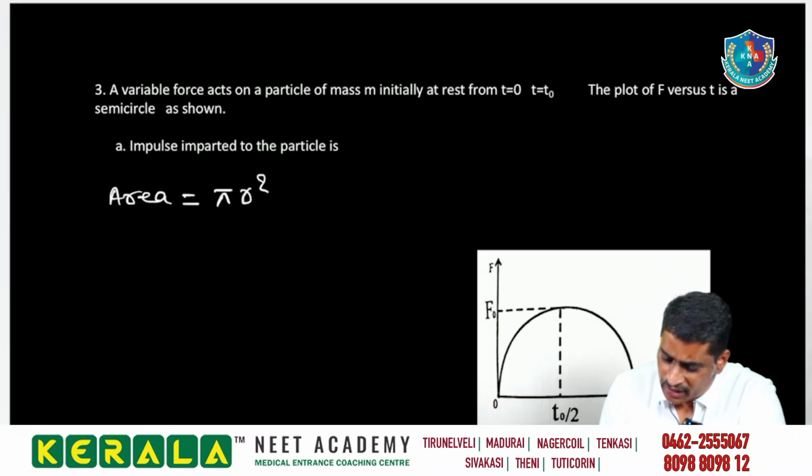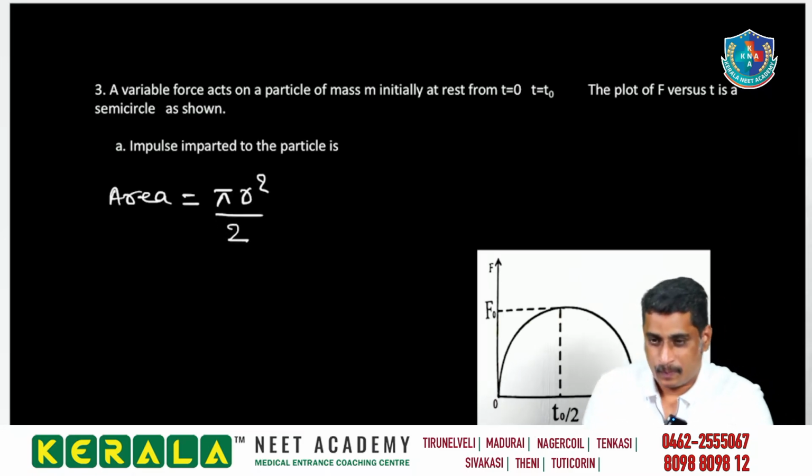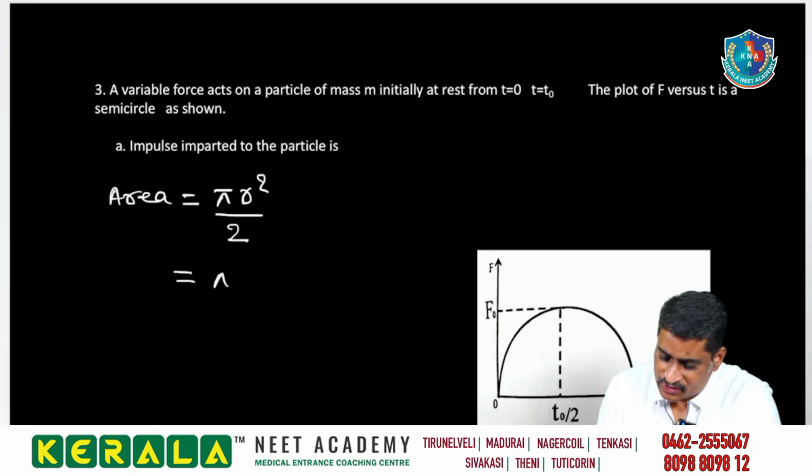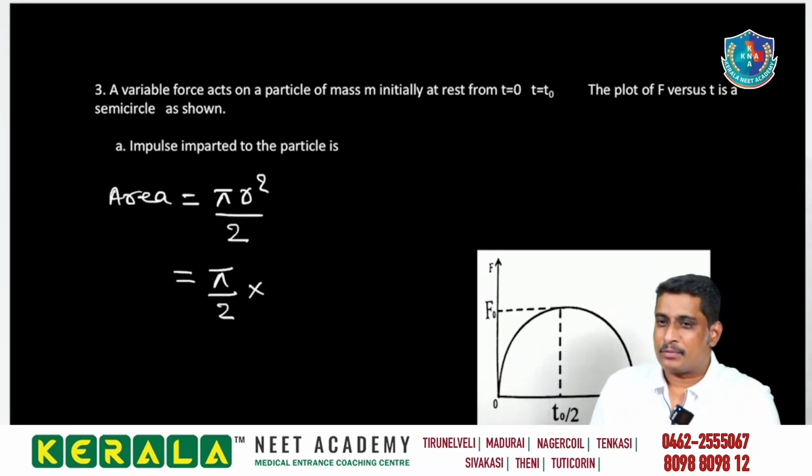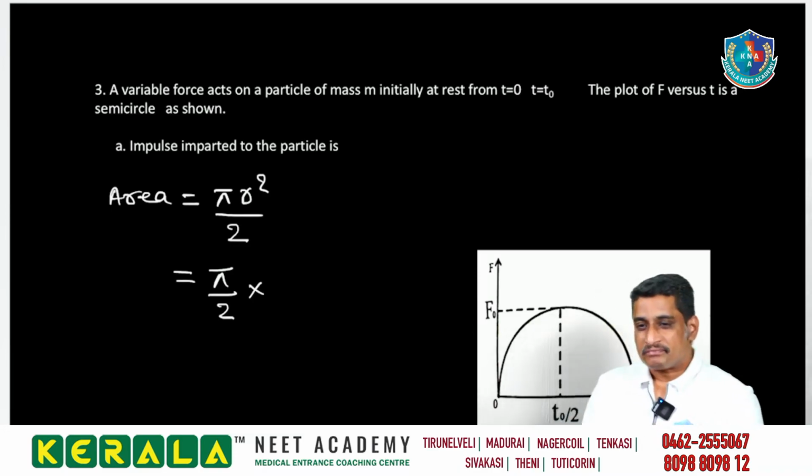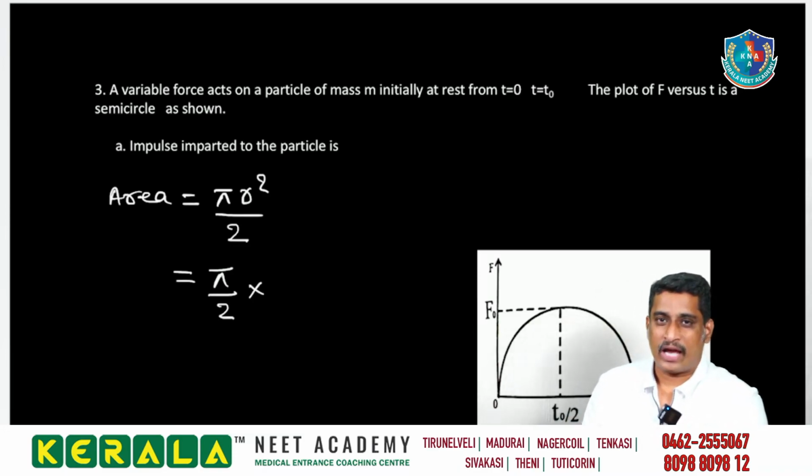The general equation for area of this semicircle will be pi r square by 2. So from this graph we can write pi by 2 into, here care must be taken. Along y-axis we have the physical quantity force. Along x-axis we have the factor time. Already we have practiced impulse in terms of the product of force and time.